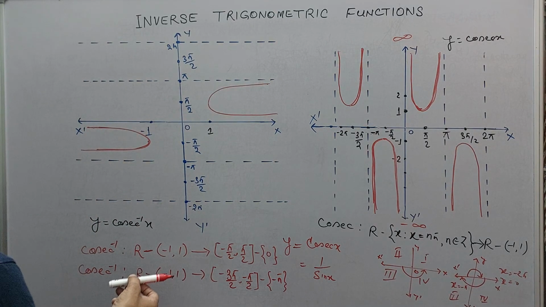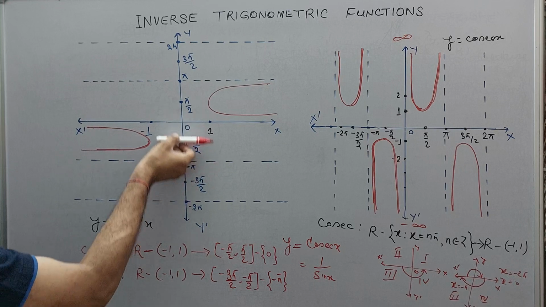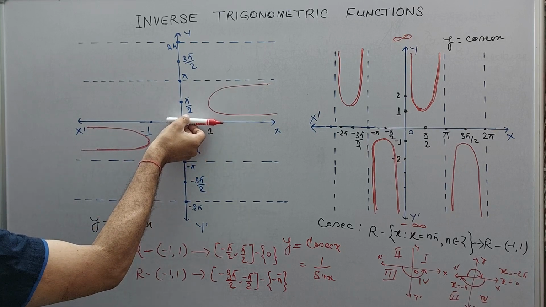So this is the graph corresponding to the interval minus pi to 0, and this is the graph for the interval 0 to pi.